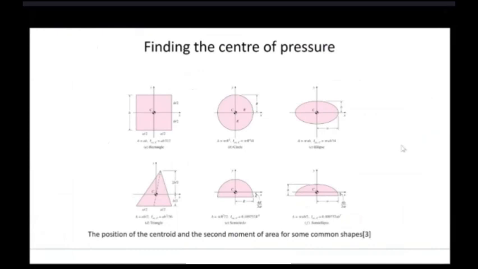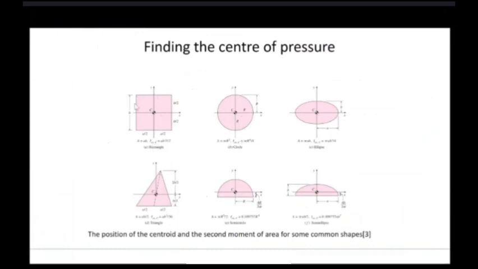So what we're looking at here are some basic shapes, and we can understand the position of the centroids. That's what these locations are showing here. We've got the position of the centroid for each of these shapes. We've also got the second moment of area for each of those shapes.